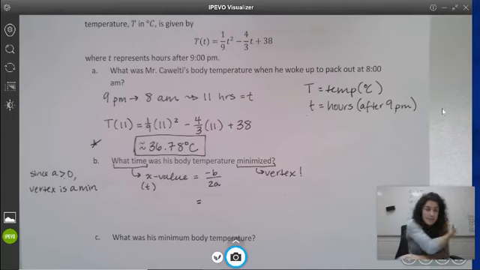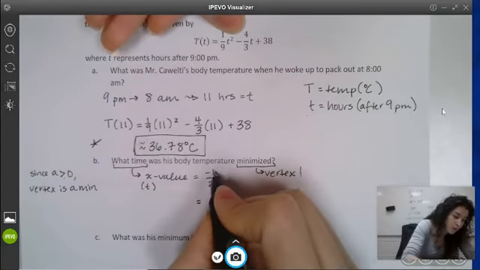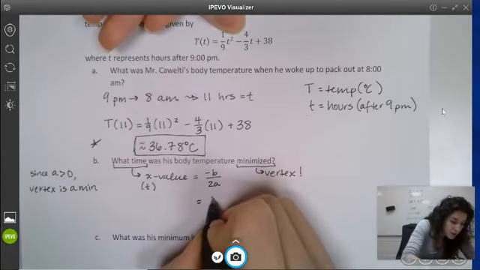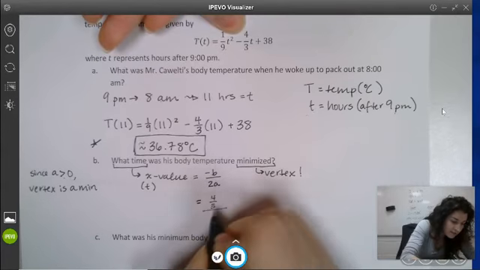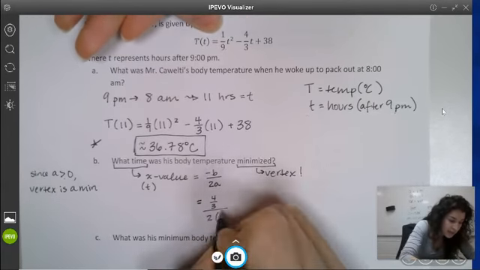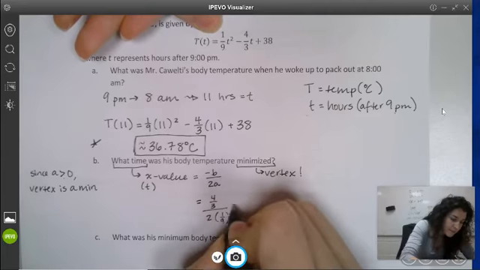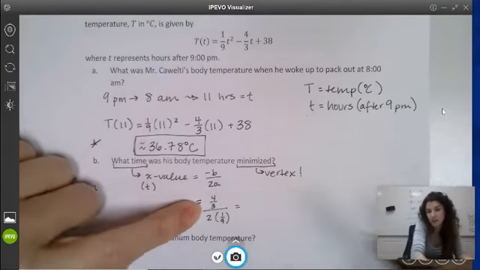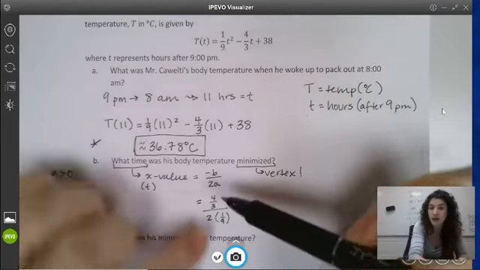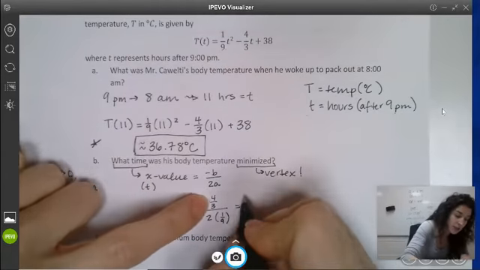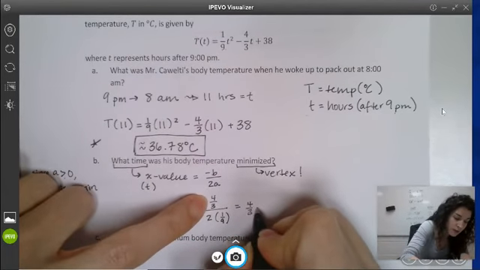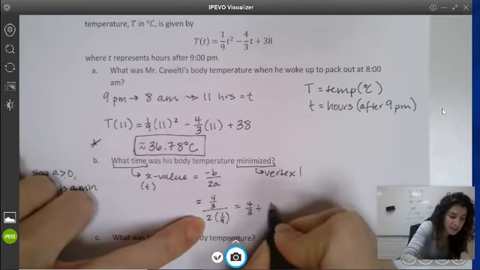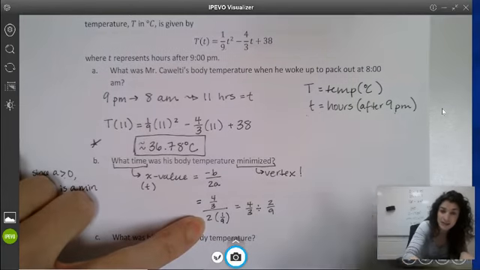Going ahead and plugging in b, which is negative 4/3, it becomes negative negative 4/3. So that's 4/3 divided by 2 times a, which is 1/9. Remember that fractions are ultimately just division problems in disguise. So I'm going to turn this into 4/3 divided by, and I'm going to multiply these together, 2/9.